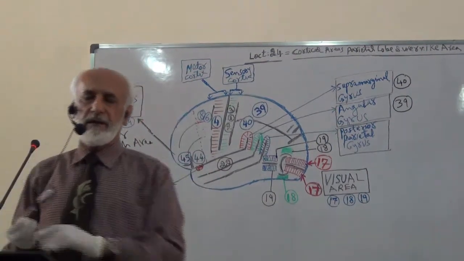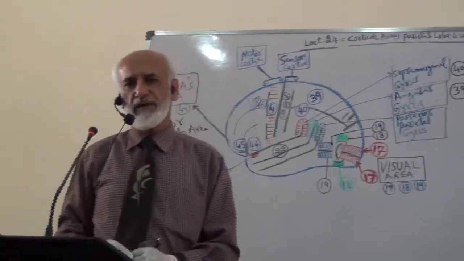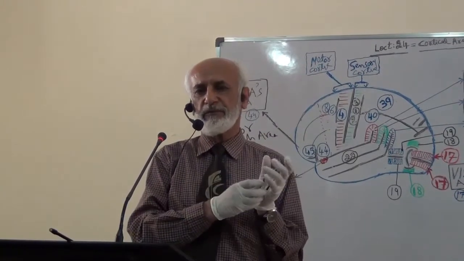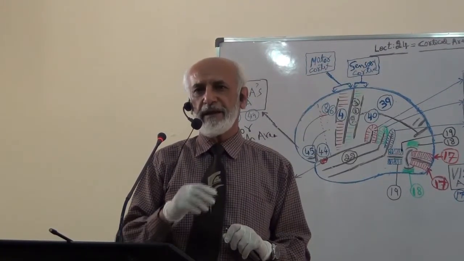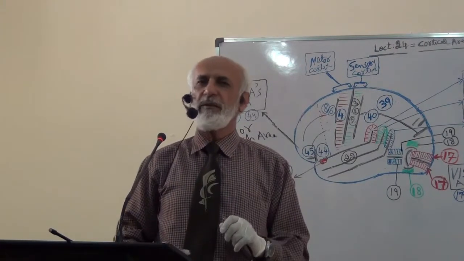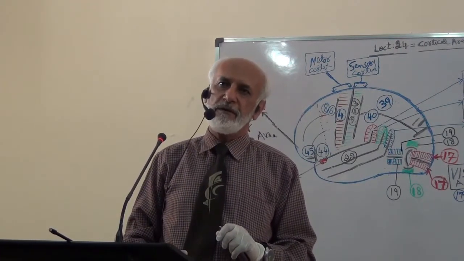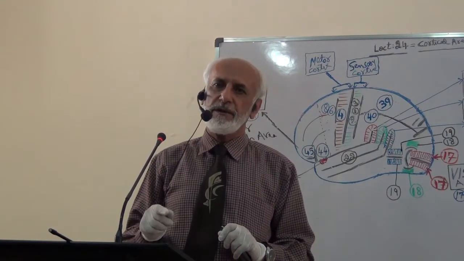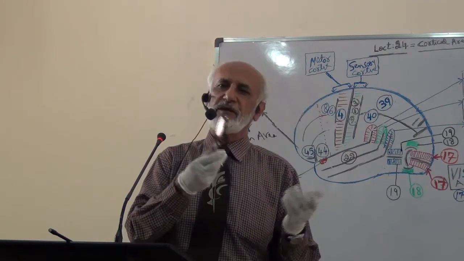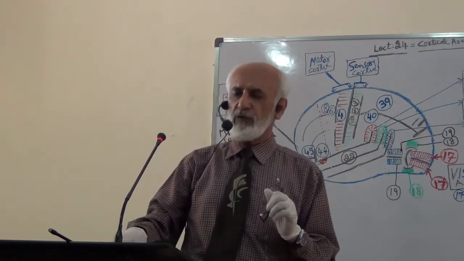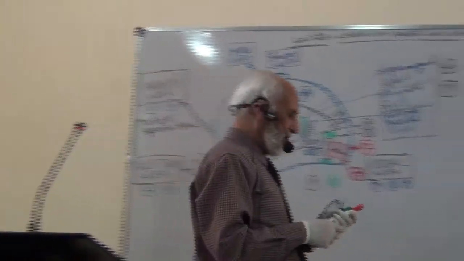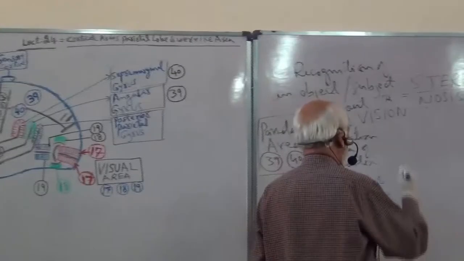Then you ask him to close his eyes and place that object in his hand. When there is a lesion of this area and you ask what this is, he will be unable to recognize it without vision. But if you ask him to open his eyes and see, then immediately he will recognize it. So this failure to recognize an object without vision is known as stereognosis.